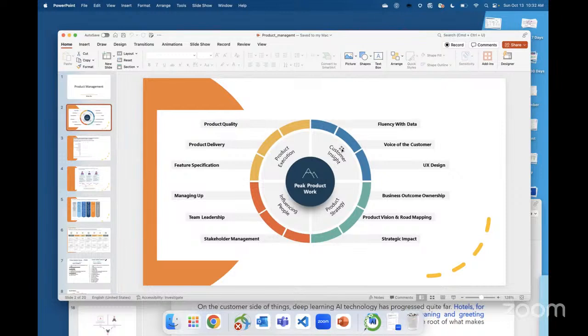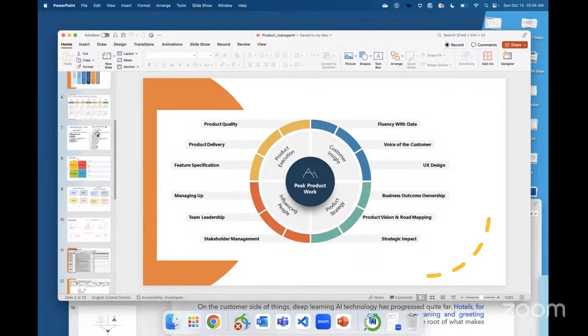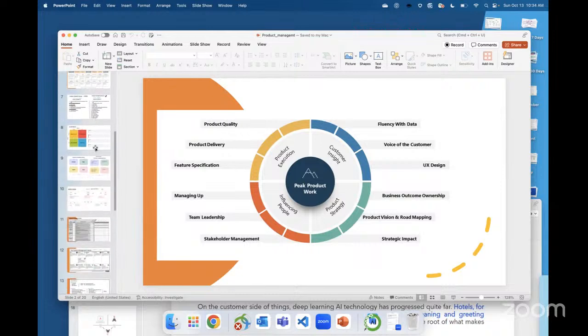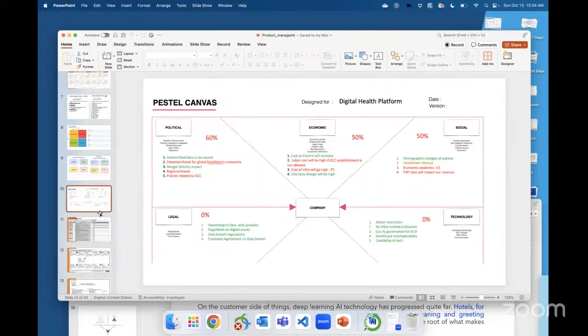Each quadrant has in-depth tools, and those are known as canvases. Using those canvases, we help understand whether my product is a good market fit or not. One such example of a canvas I can show is called the PASTEL canvas.